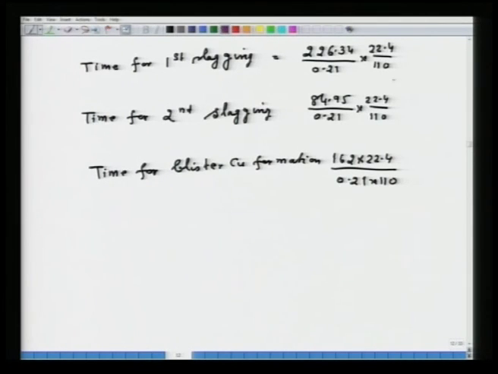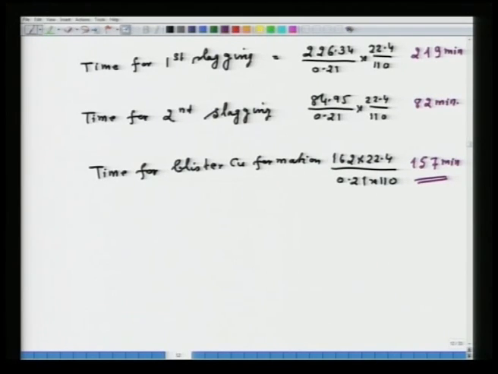So, the answer would be 219 minutes, the time for first slagging. Time for second slagging is 82 minutes and time for blister copper is 157 minutes. These are the respective times involved in this converting operation.